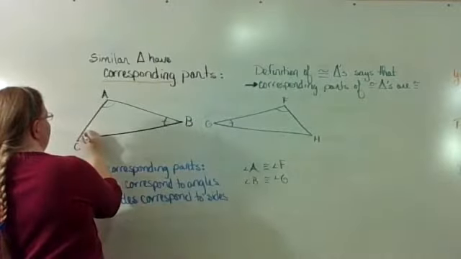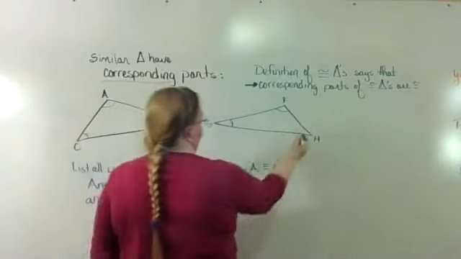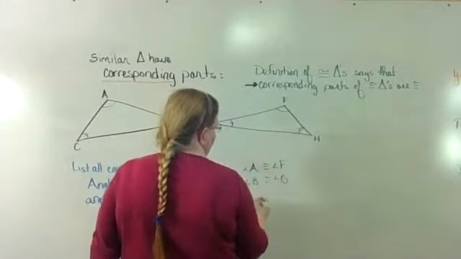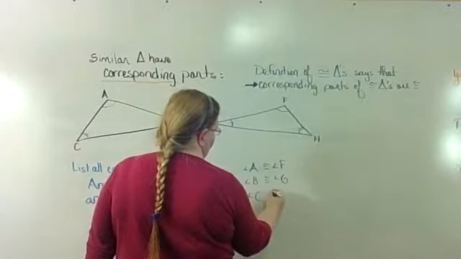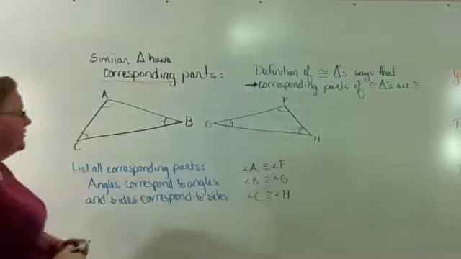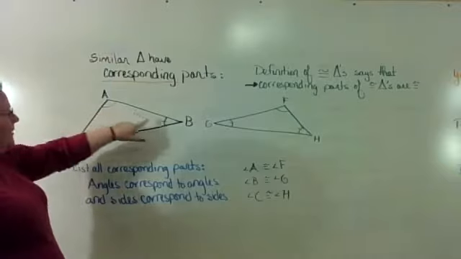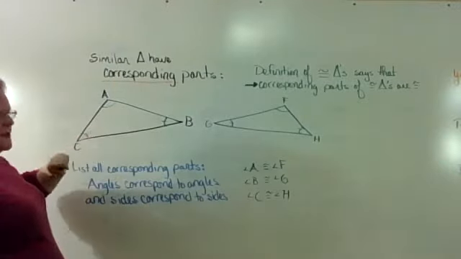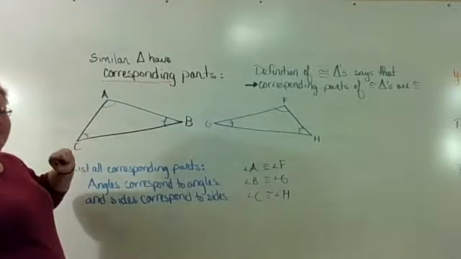And angle C is congruent to angle H. You notice how when I got a different size angle, I changed the number of tick marks inside? That's how you know them apart.